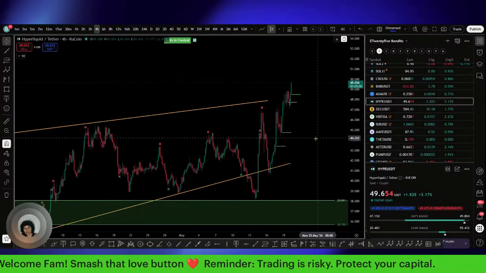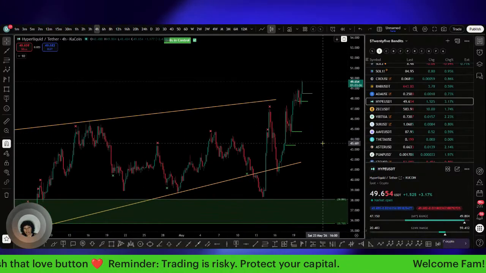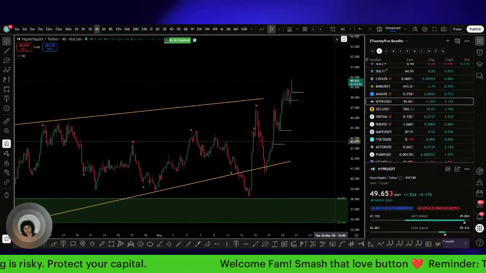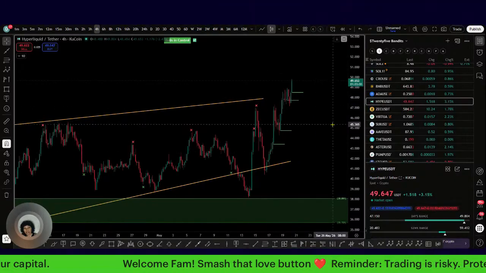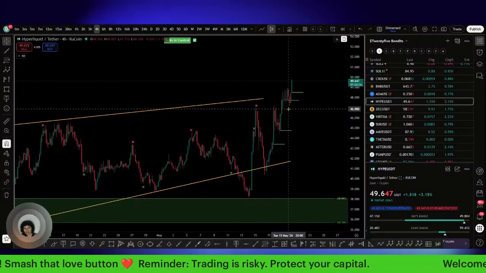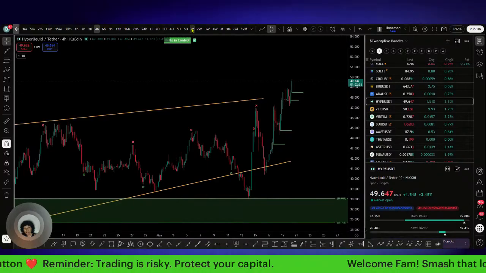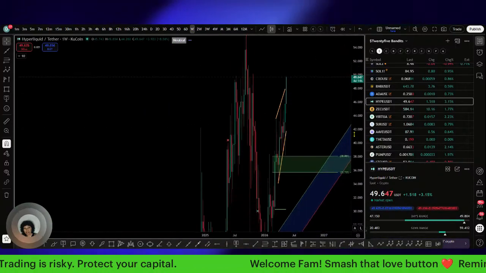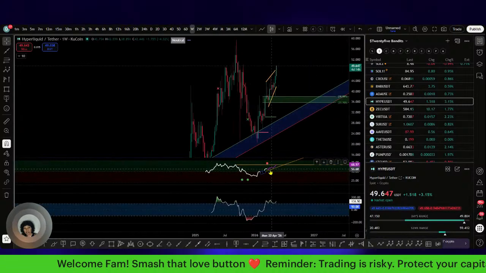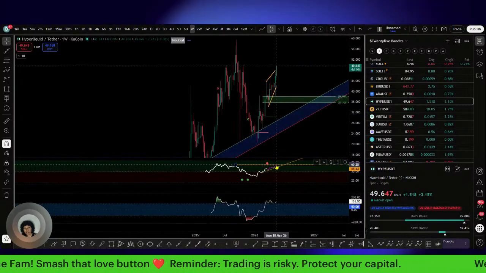But I had not really touched too many altcoins here. The only thing I bought and sold recently again was ZEC. That was it. But yeah, I would leave this thing alone trying to short it. I think I went through this and it looks good through here, still climbing, still rising higher.